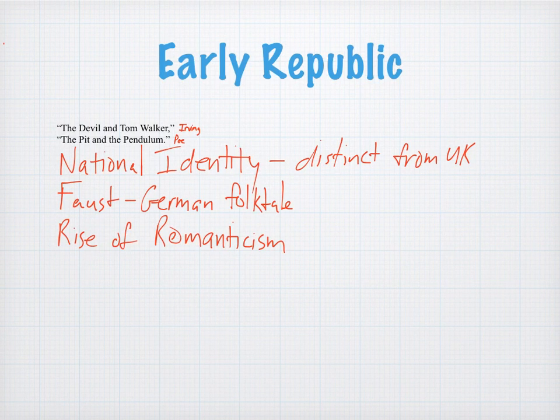And The Devil and Tom Walker is an interesting step in that direction, because The Devil and Tom Walker, with its idea of selling your soul to the devil, and of this kind of idea of the devil as a real physical being that you have to confront, obviously has its roots in the Old Testament, in the second story of creation, but also has its roots in the German folktale that became a drama in the Romantic period, Faust, which was written by Goethe.